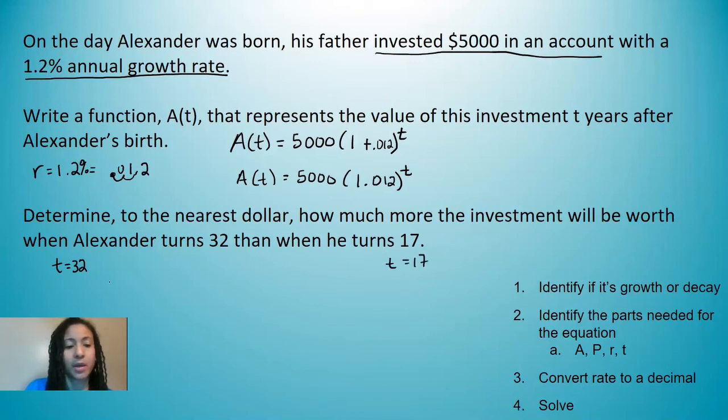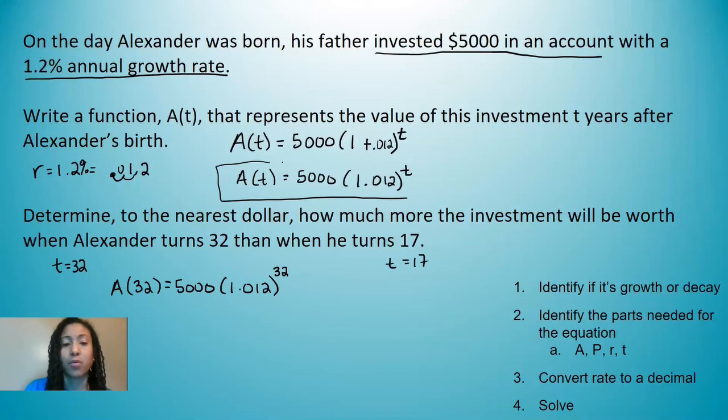Okay? So if I wanted to do A of 32, that equals 5,000 times 1.012 to the 32. If you noticed, I just plugged t into everything that is written in this rule that we created, all right? And t is represented by 32.